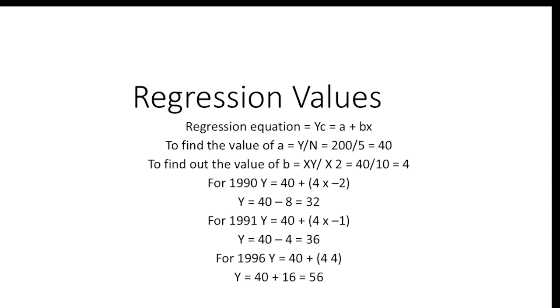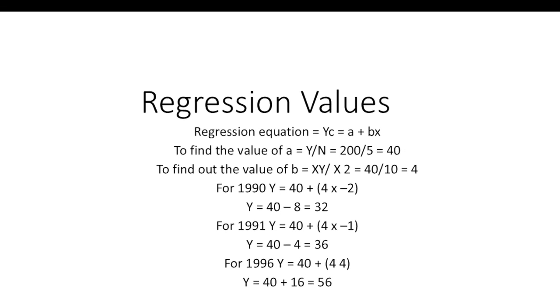This x is equal to the deviation from the assumed year. For 1990, 40 plus 4 into minus 2, because for 1990 the time deviation is minus 2, that's why y is equal to 32. And for 1991, 40 plus 4 into minus 1, that is equal to 36.